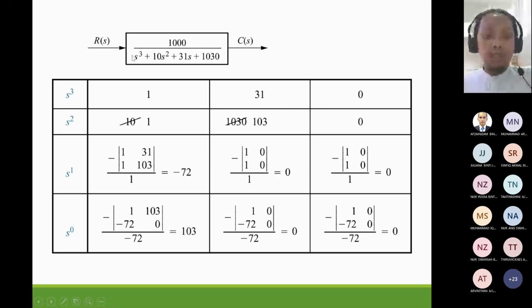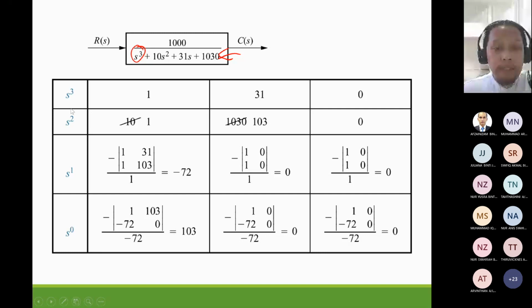This is the denominator, so we look at the highest power of s, which is power of 3. Then we generate the table starting from s power of 3, followed by s power of 2, s power of 1, and s power of 0.